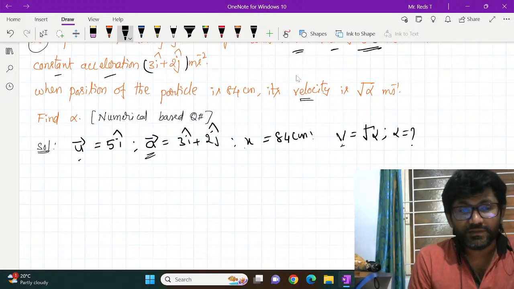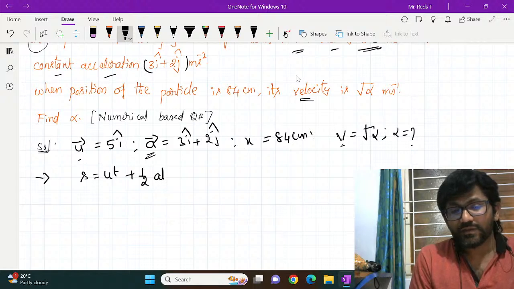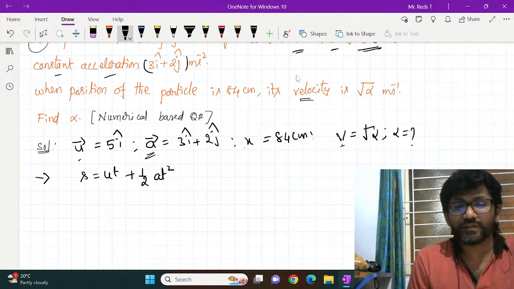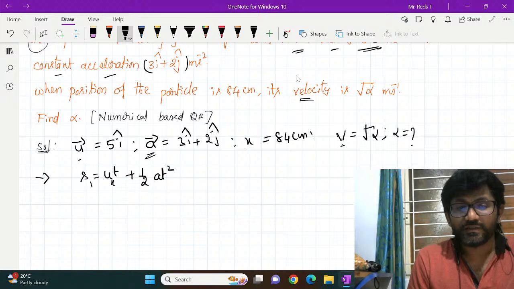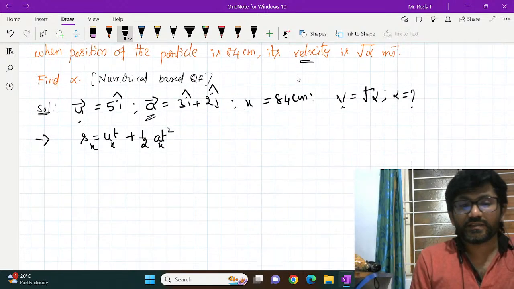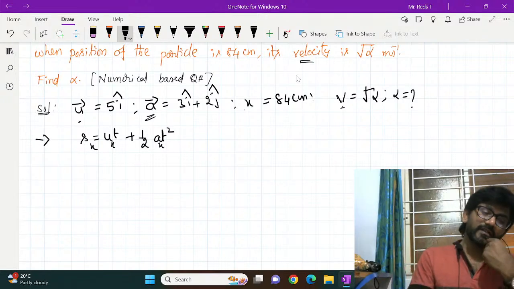So for that purpose, let us take one equation here: s is equal to ut plus half at square. For horizontal direction, as initially it is projected along x direction with initial ux, sx is equal to ux into t plus half ax into t square. For horizontal direction, you can take sx when the position is 84. When the position is 84 centimeters, the final velocity is root alpha.